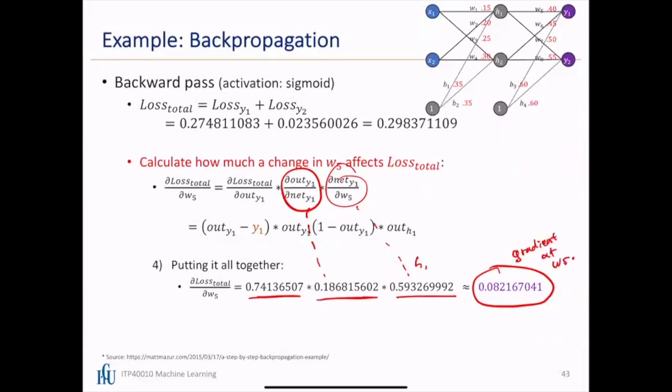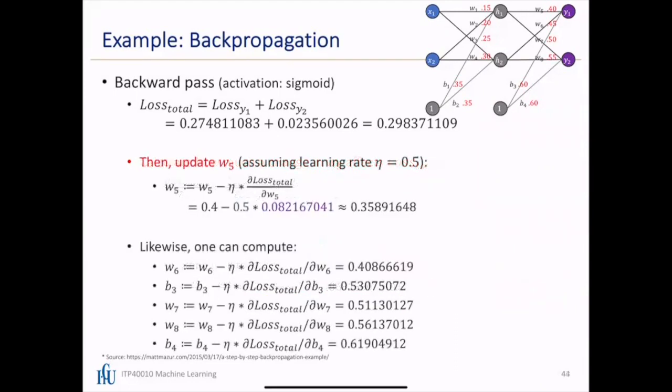Since we know the gradient value, we know the update rule for gradient descent. So the update rule of gradient descent is: this is the current W5, and this is the learning rate. Here we are going to assume the learning rate is simply 0.5, and this is the gradient.